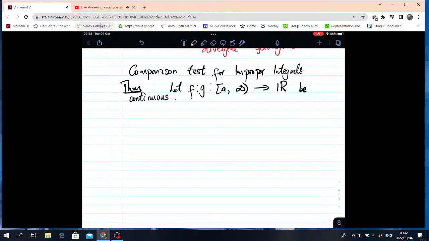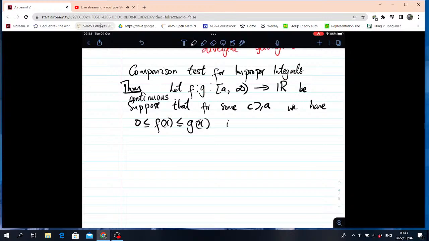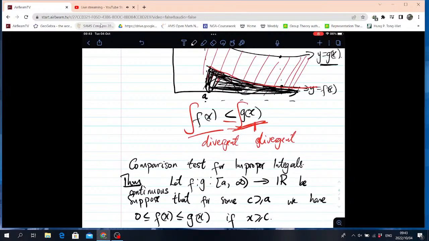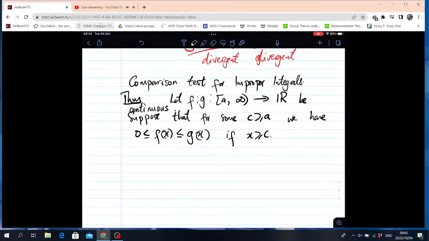And then suppose that for some c greater than a, we have that f of x is less than or equal to g of x for any value x greater or equal to c. So the c that is being talked about is what we are calling a in this scenario. If this happens, then the following is true.